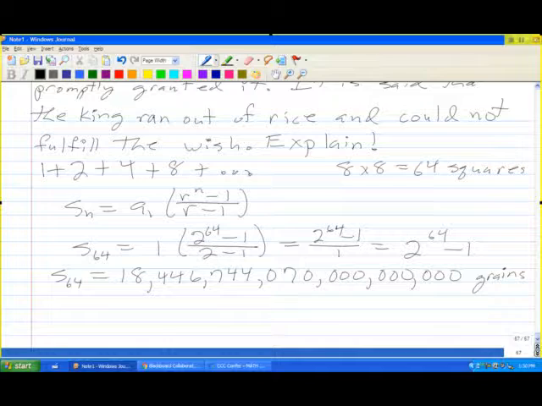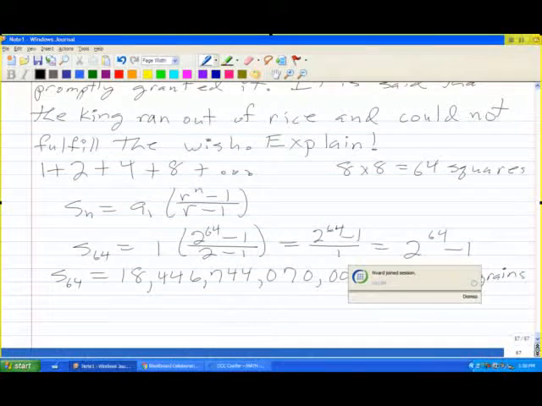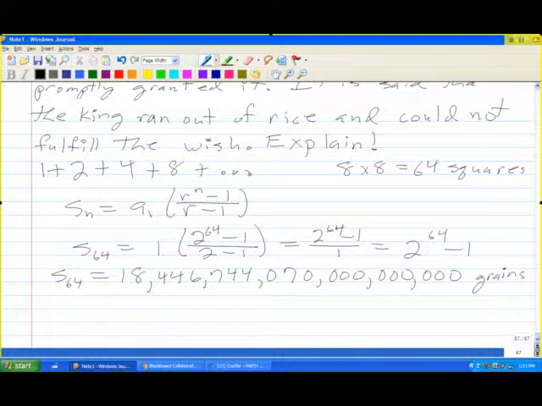So 1,000, million, billion, trillion, quadrillion, quintillion. 18 quintillion. So let's do this in kilograms. So notice that 1 grain of rice is 1 gram of rice.